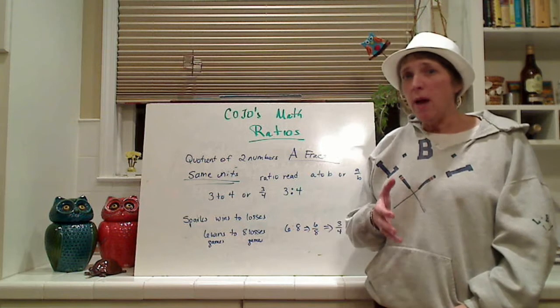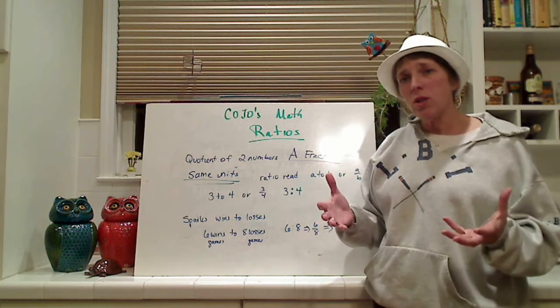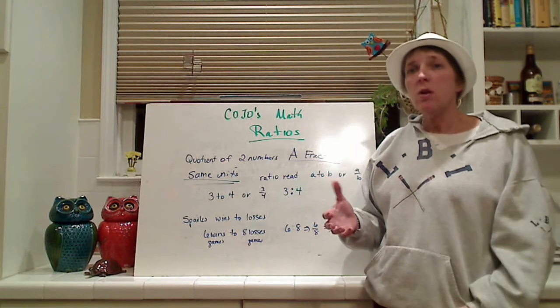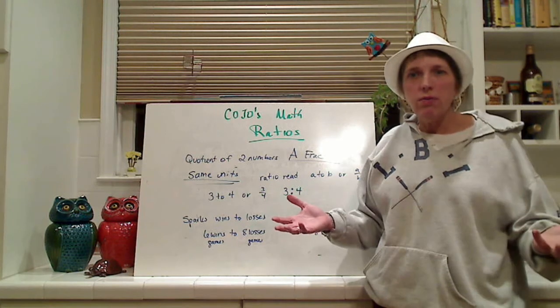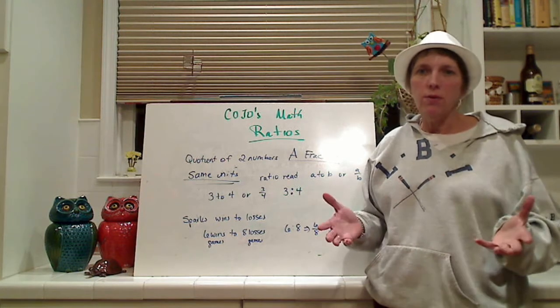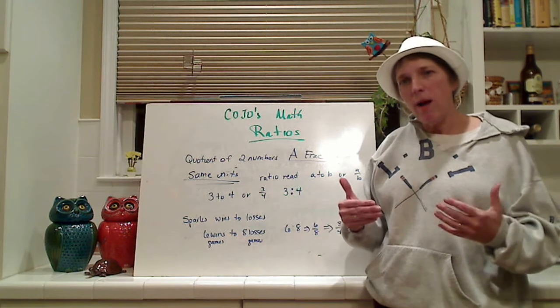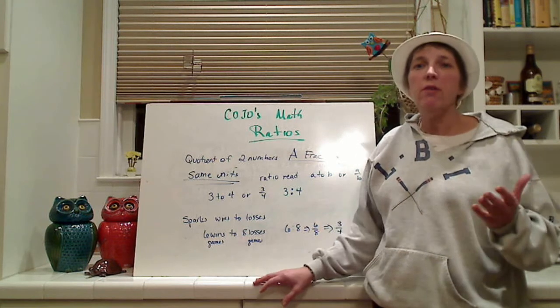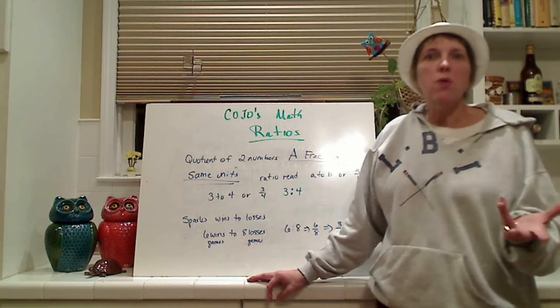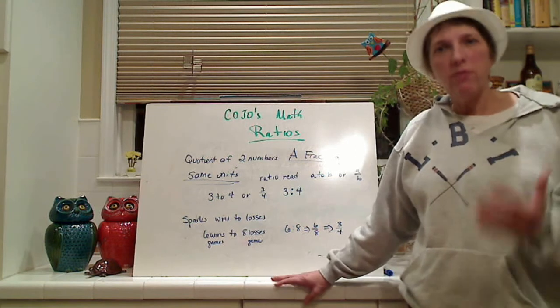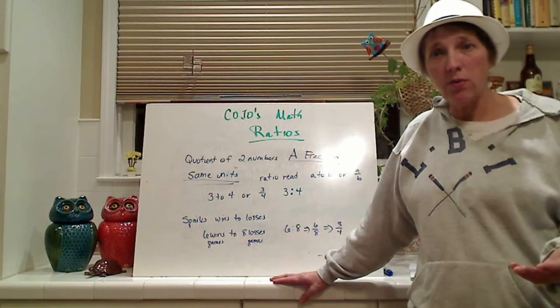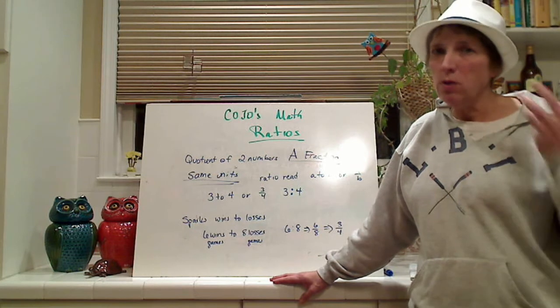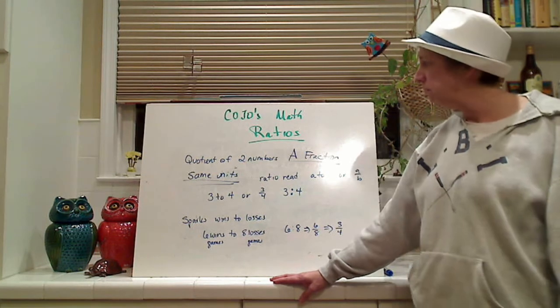You'd say apples and oranges are different, but they're not. They're fruit. So you're talking about 3 fruits to 4 fruits, but then you're specifying which fruit. That's really important that you grasp that concept.